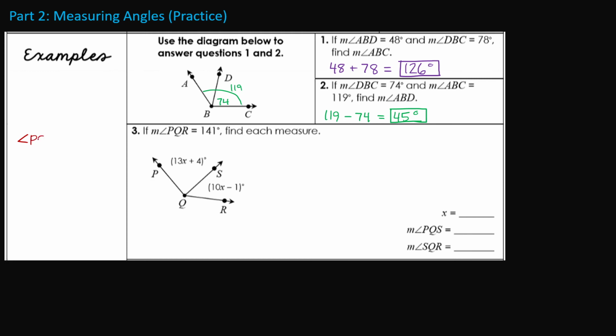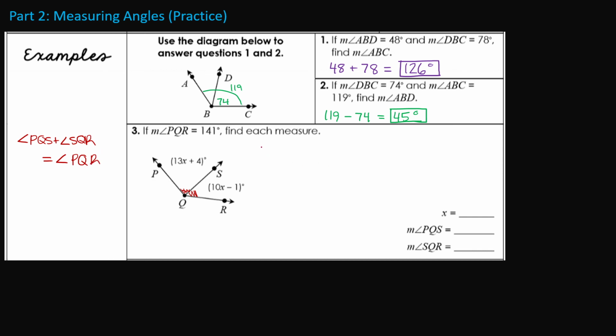Angle PQS, that's one part, right? Plus angle SQR over here on the right should be equal to angle PQR. That's the whole. Part plus part equals whole.